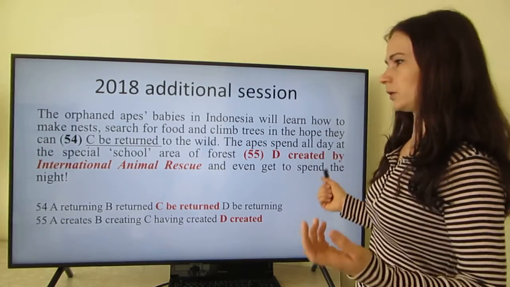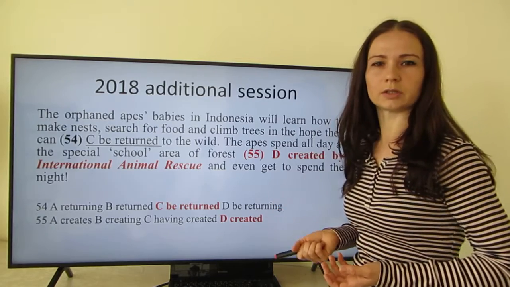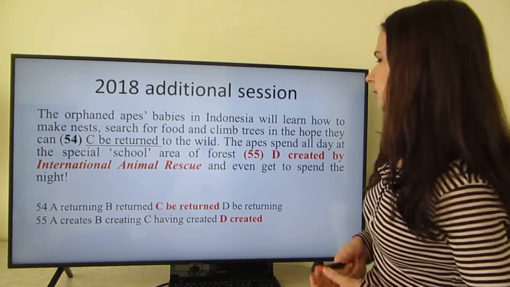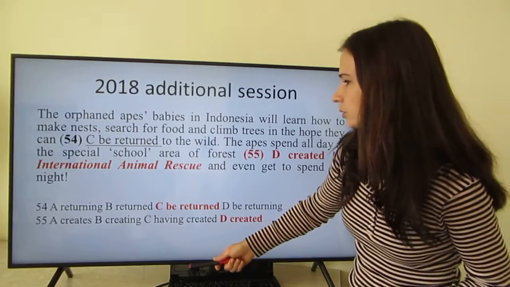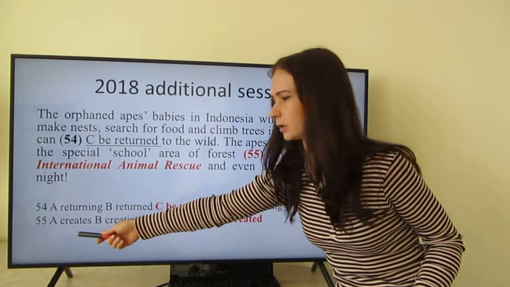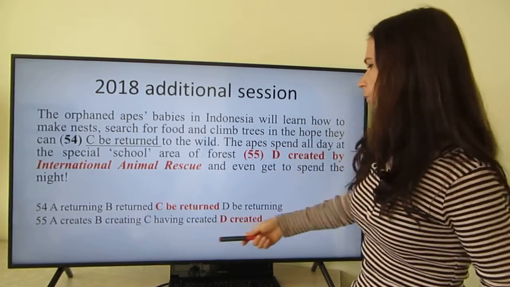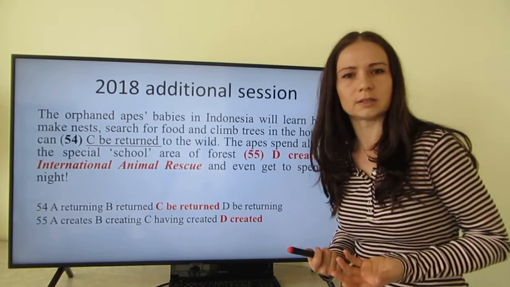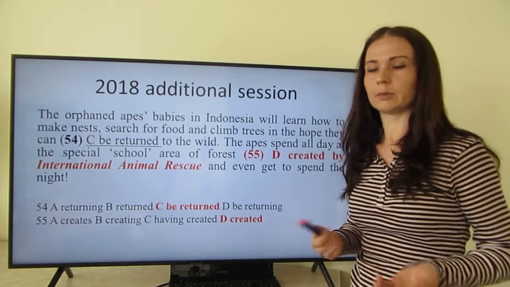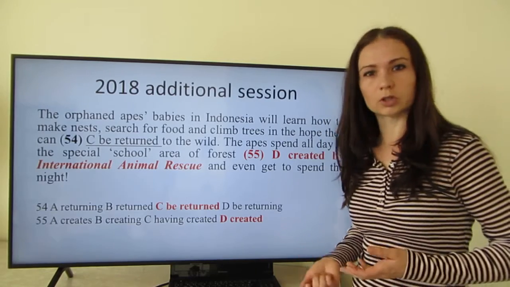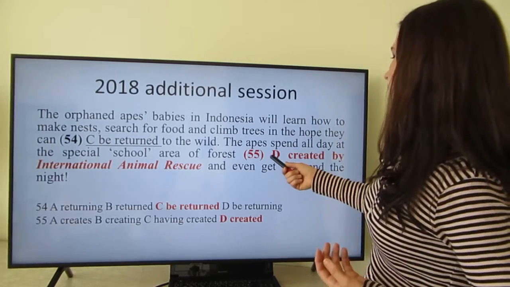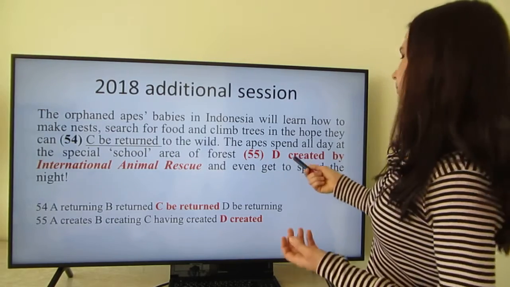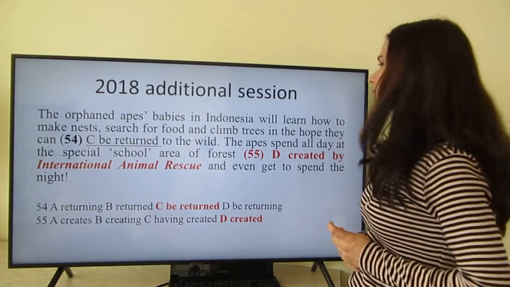So now it becomes obvious that we are dealing with the clause here, and we can't use creates, for example, because it's like a verb. We just need to think of a participle of what clause it is. Is it a participle clause, maybe relative clause, maybe some other clauses? So it's definitely a subordinate clause, which is a participle clause in our case, created.